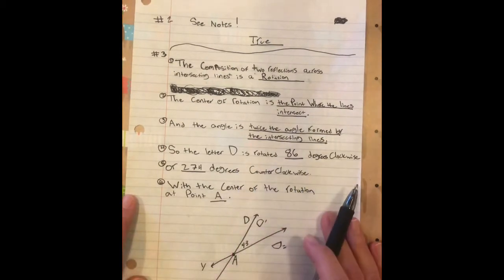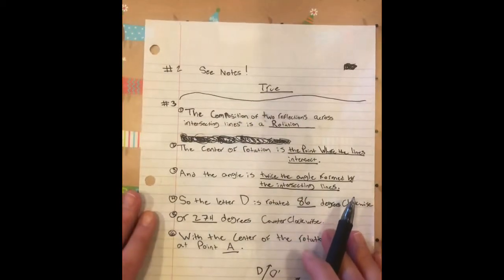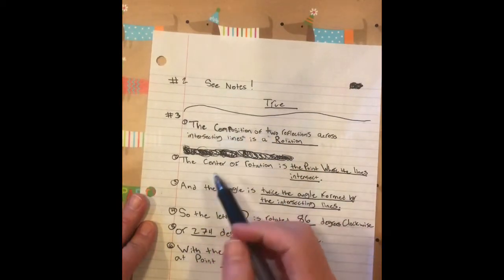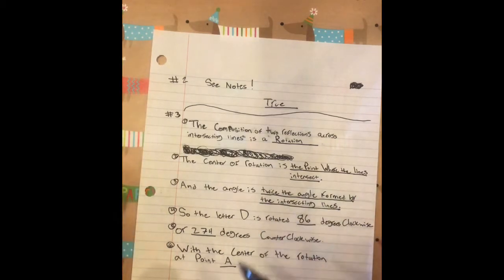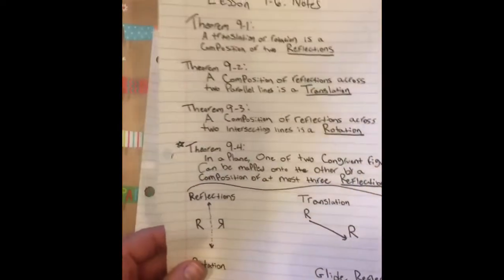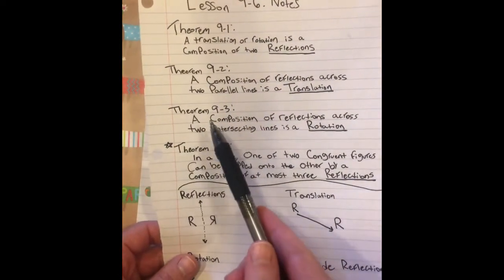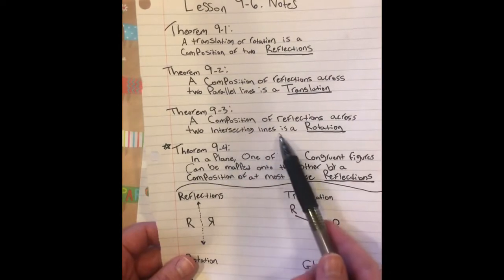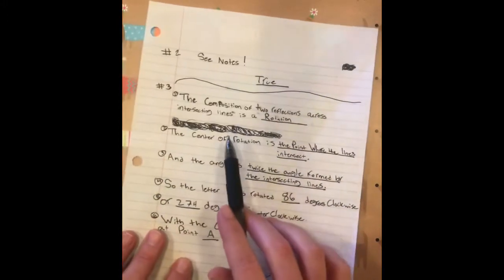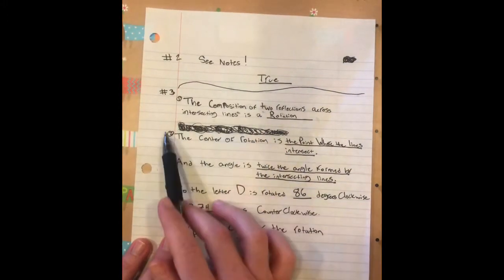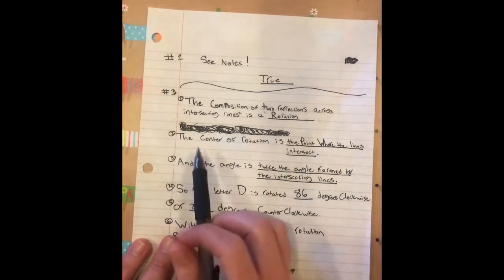And let's go through the answers. So it says, right under the graph, the composition of two reflections across intersecting lines is a, well, let's look back to our definitions. The composition of reflection across two intersecting lines is a rotation. So our first answer is rotation. As you can tell, I completely messed up right there. Deal with it.